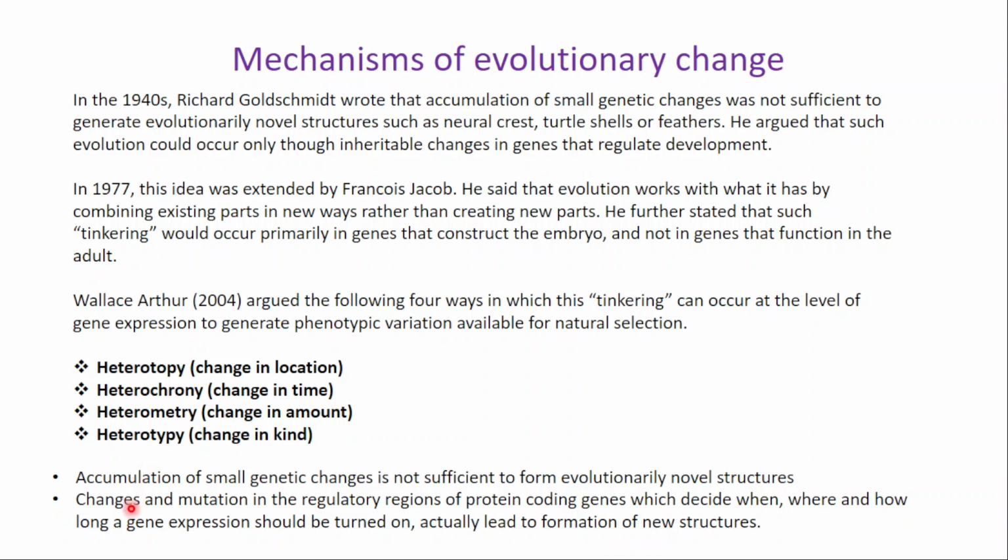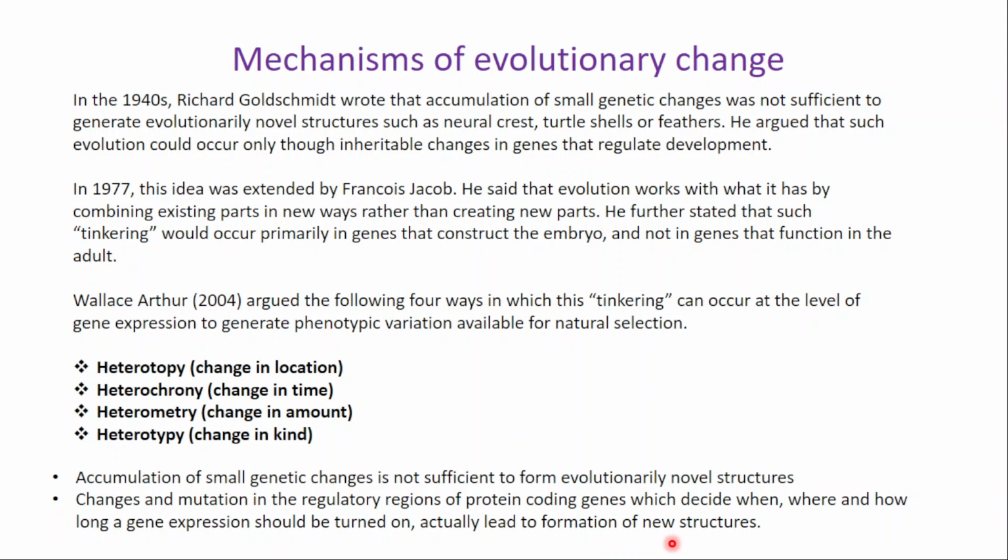So to summarize, accumulation of small genetic changes is not sufficient to form evolutionarily novel structures. Changes and mutation in the regulatory regions of protein coding genes, which decide when, where, and how long a gene expression should be turned on, actually lead to formation of new structures.